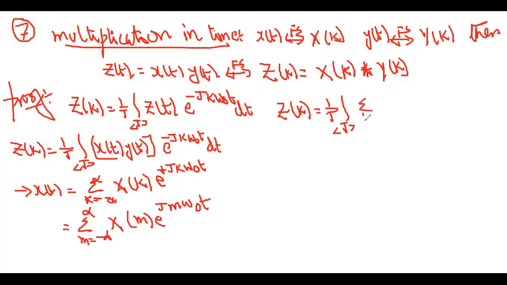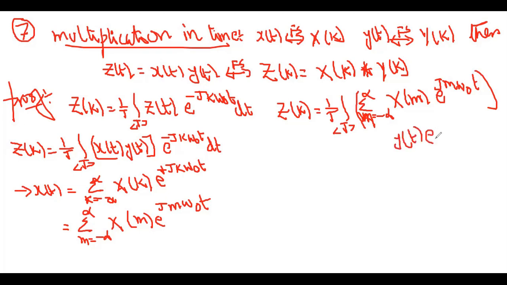The sum of m equal to minus infinity to infinity x of m e power j m omega naught t as x of t. Another function is there, the y of t, into e power minus j k omega naught t dt. Now we can simplify. Both the exponential bases are the same. Add the powers. So 1 by T, the integral over T.